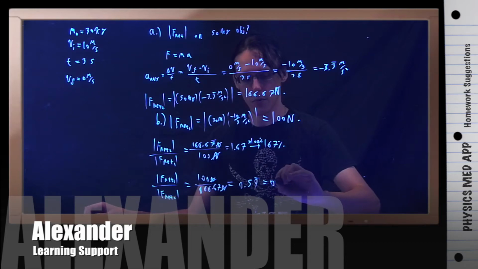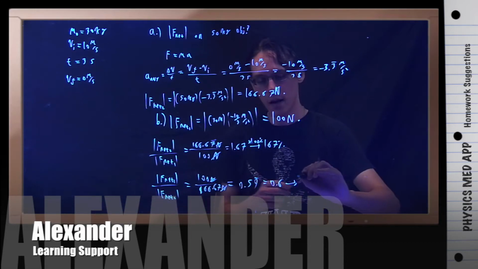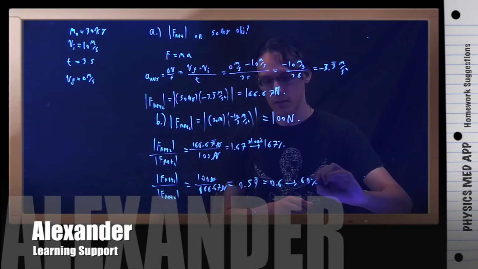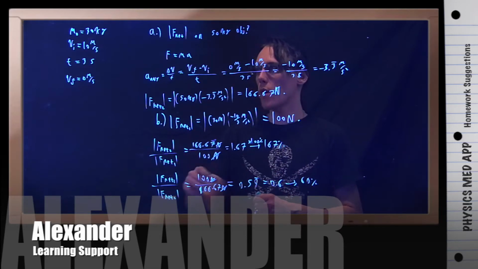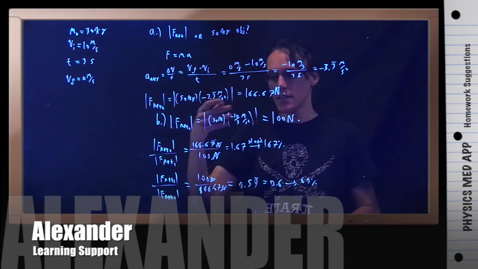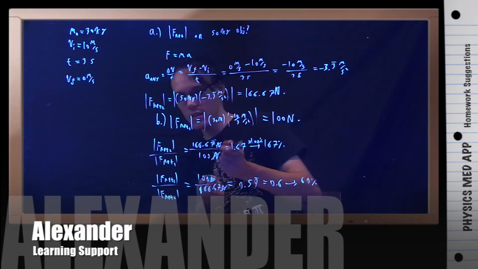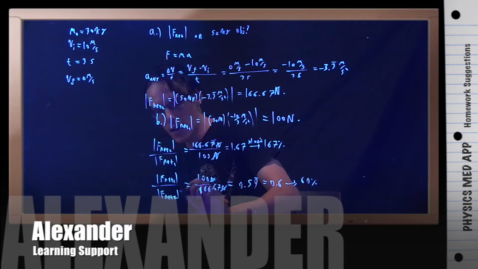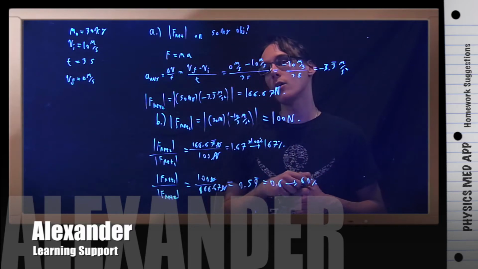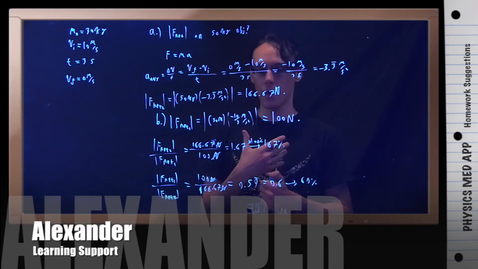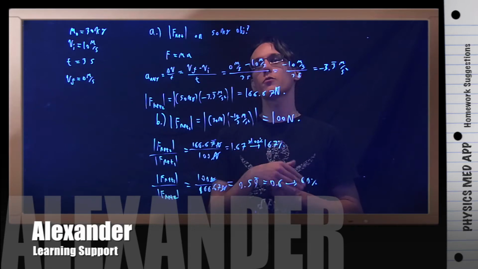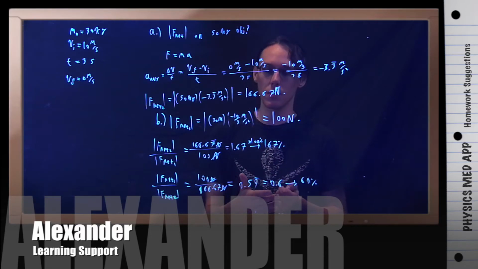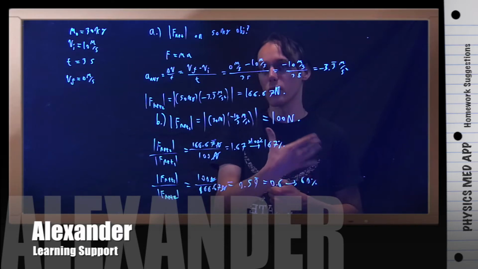Let's round that, 0.6, which if I multiply by 100 gives me 60%. Well, that means that object number 1, the 30 kilogram object, is experiencing 60% of the force that object 2 was experiencing. So it's experiencing 60% of the total, so less. It's not experiencing 100%, which would be all of the force. It's only experiencing 60% of the force.